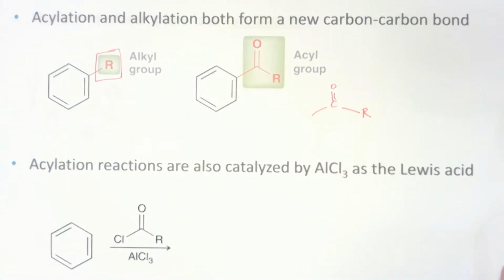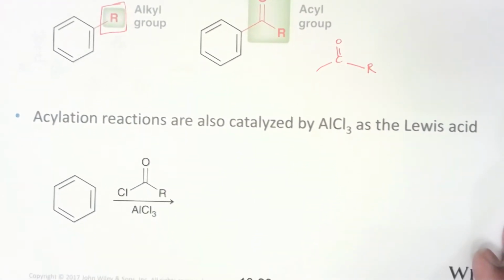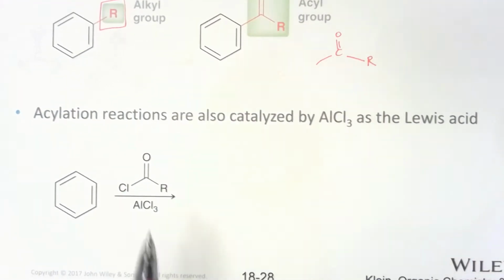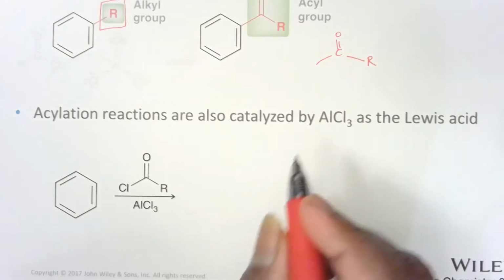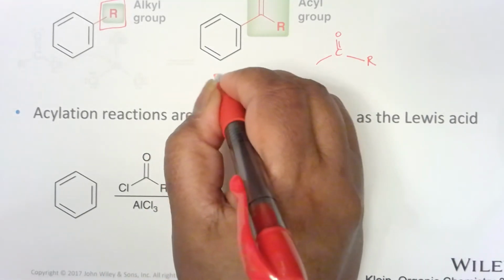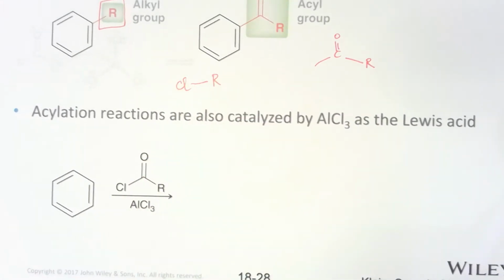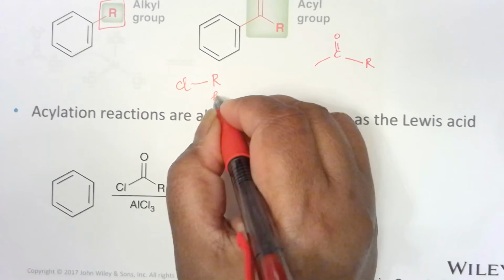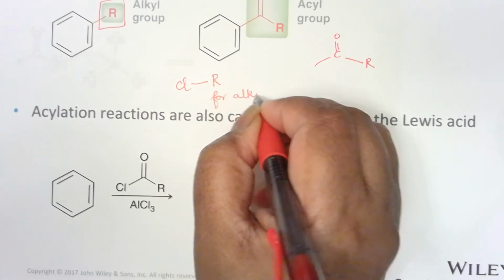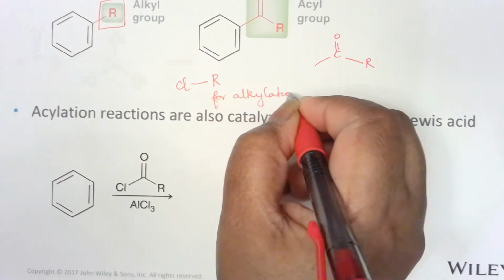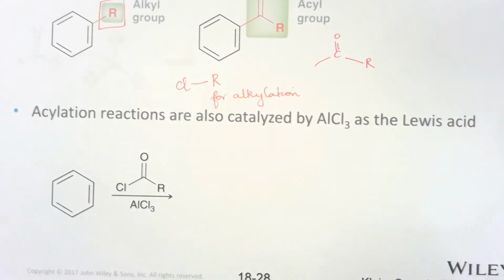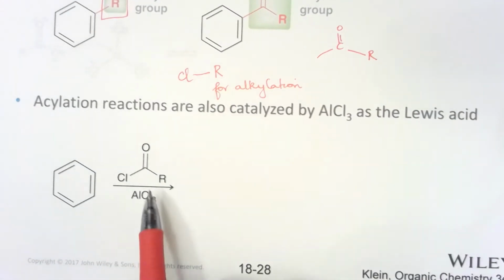Now, just like with alkylation, where you had an R group directly attached to the Cl, for acylation, you have the RCO-Cl group, and the catalyst is the same.